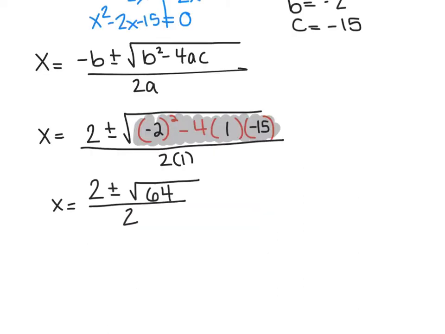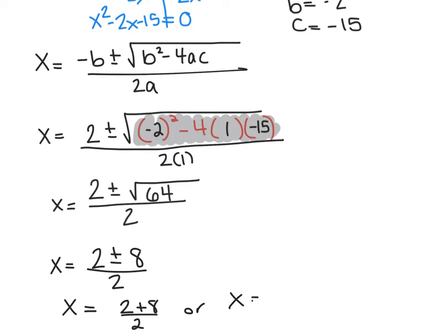Now let's start cleaning this up. Square root of 64, we know that's 8. So I'm going to have 2 plus or minus 8 all over 2. Now again, that plus or minus sign means that our one answer is 2 plus 8 over 2. Our other one is 2 minus 8 all over 2. We can clean that up. 2 plus 8 is 10.